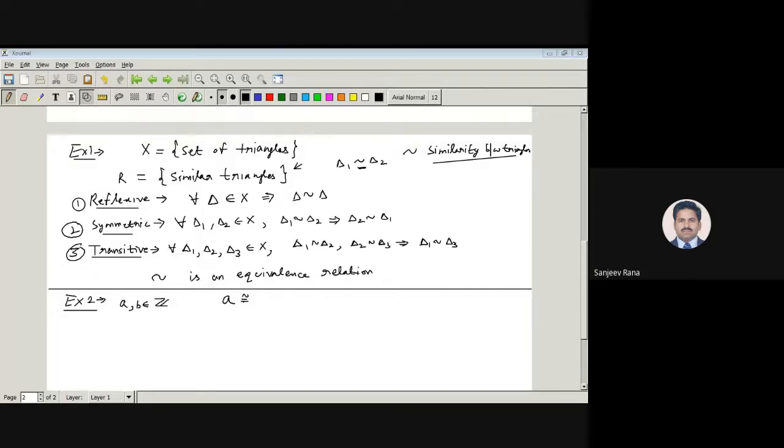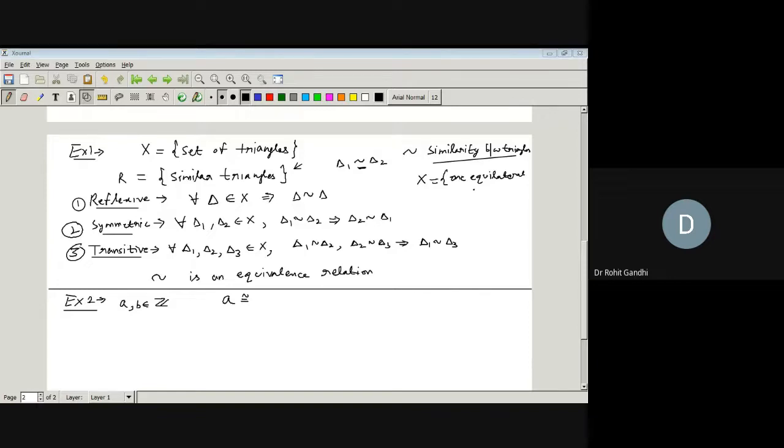Okay, sir. So students, sir's question is: what if this set contains only one element, one equilateral triangle? Suppose I have one equilateral triangle, right?